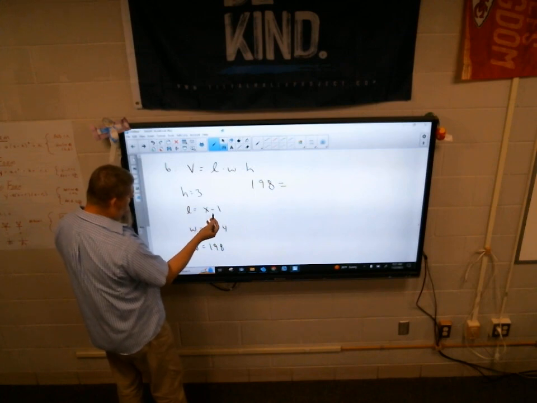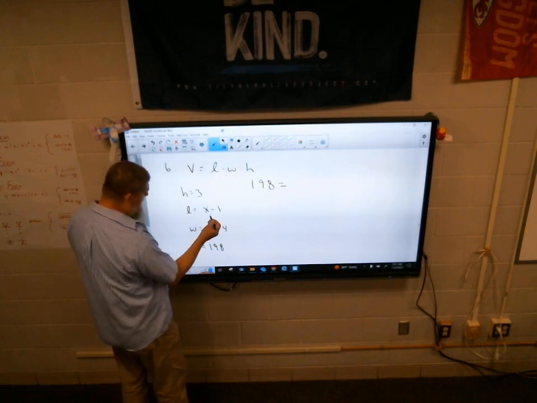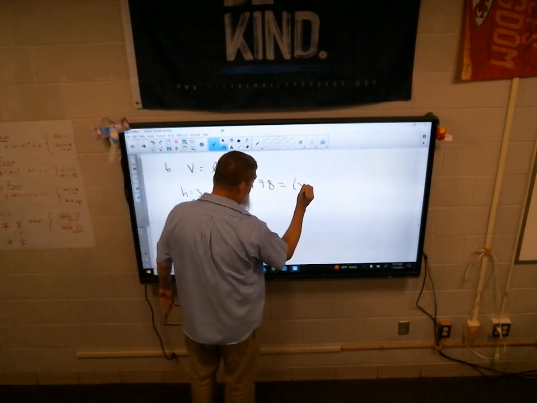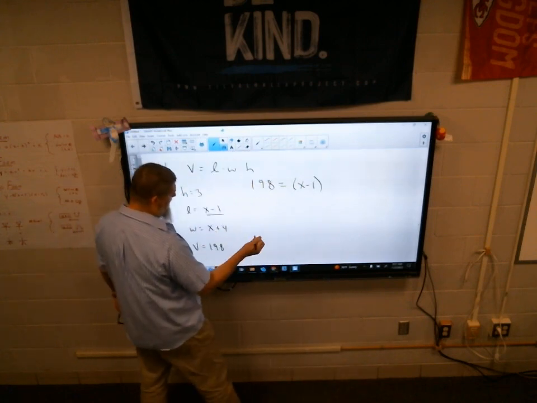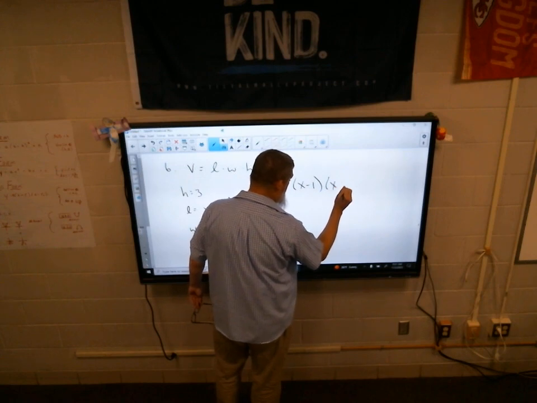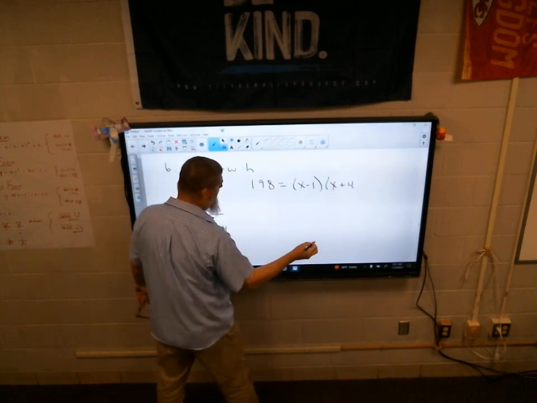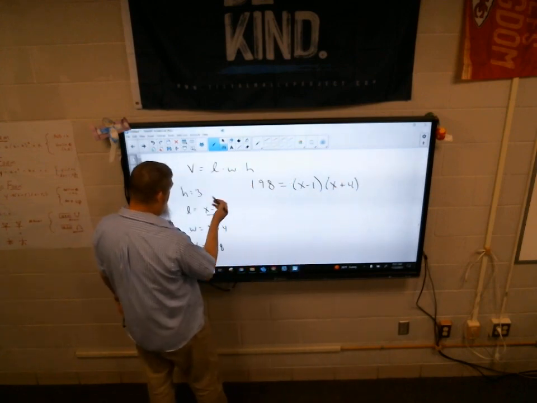The length, instead of L, I'm going to put in this expression, x minus 1. In place of the width, I put in x plus 4. In place of height, I put 3.